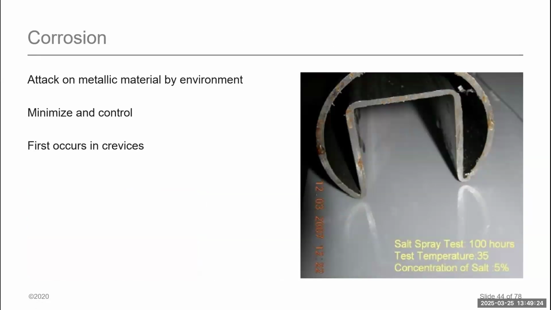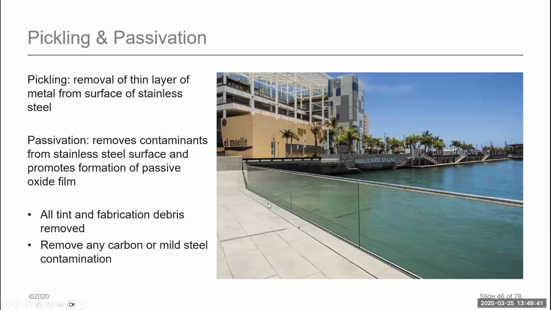We want to create passive oxidization to create a layer of protectant onto that material. We do that through the process of bringing the material into service by one of my favorite tongue twisters, pickling and passivation.